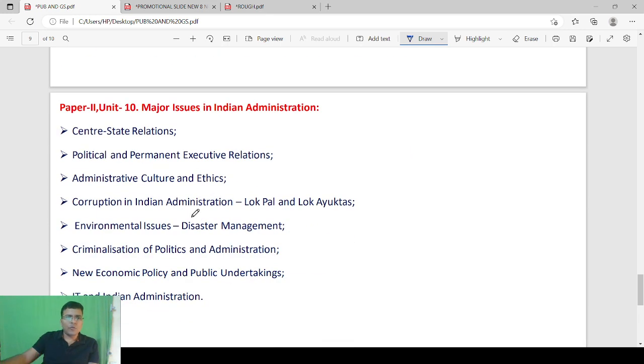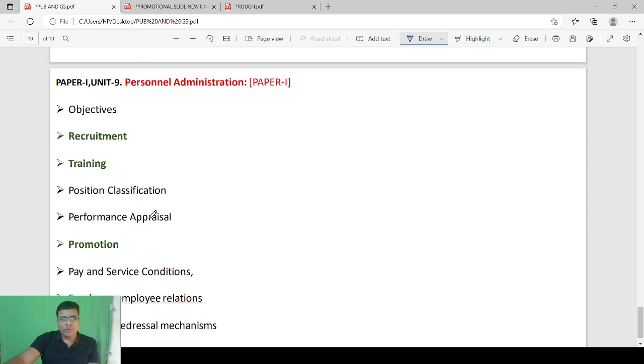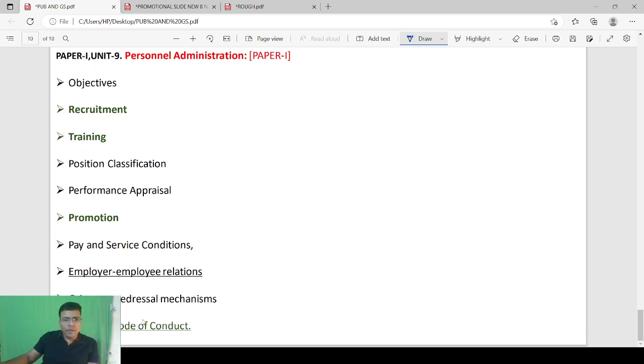After that, major issues: political and permanent executive, administrative culture and ethics, Lokpal and Lokayukta, criminalization of politics, IT and Indian administration. And here again, integrity, code of conduct, paper 1, unit 9. Employer-employee relation, the concept of neutrality and anonymity.